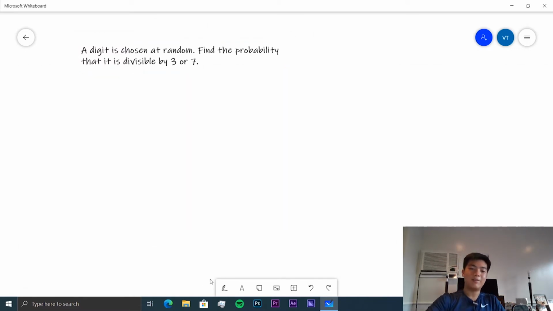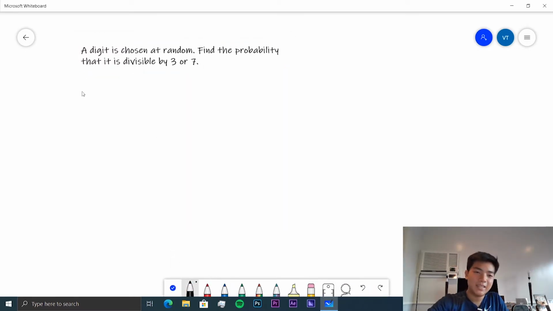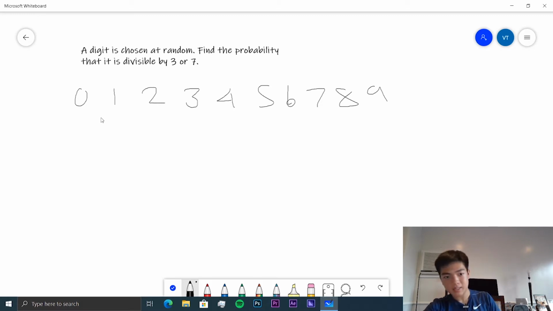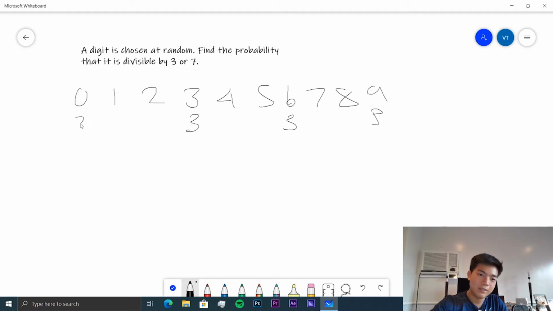Okay, so we have 10 digits: 0, 1, 2, 3, 4, 5, 6, 7, 8, and 9. Of these, 3, 6, 9, and I think we're counting 0 as divisible by 7, and also 7 is divisible by 7.